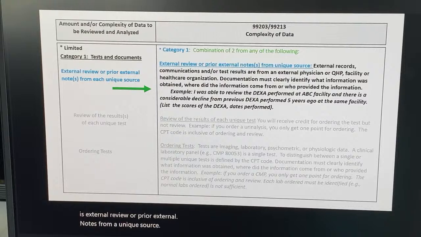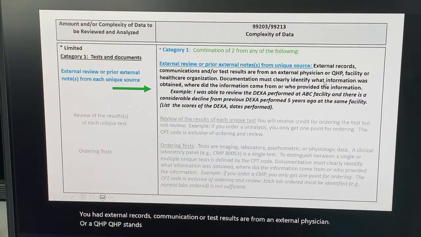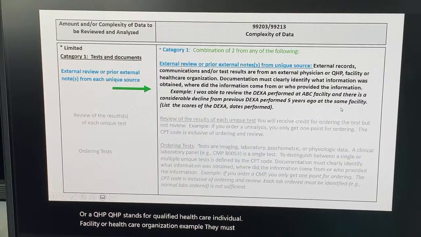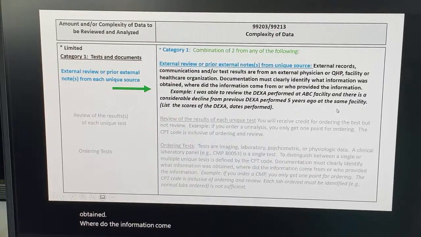So the external records, communication, or test results are from an external physician or a QHP. QHP stands for Qualified Healthcare Professional, facility or healthcare organization. They must clearly identify what information was obtained, where did the information come from, and who provided that information.